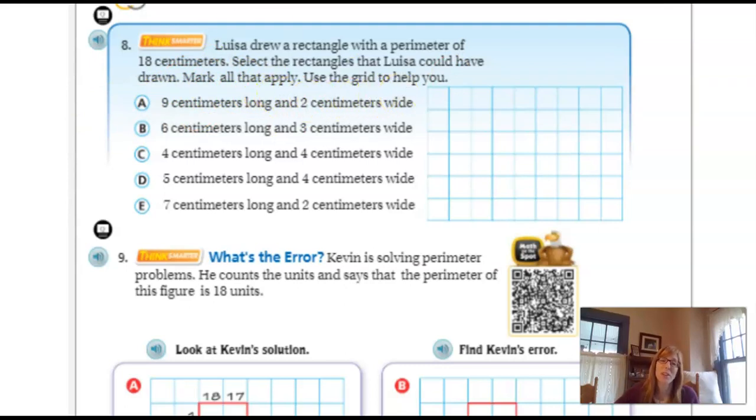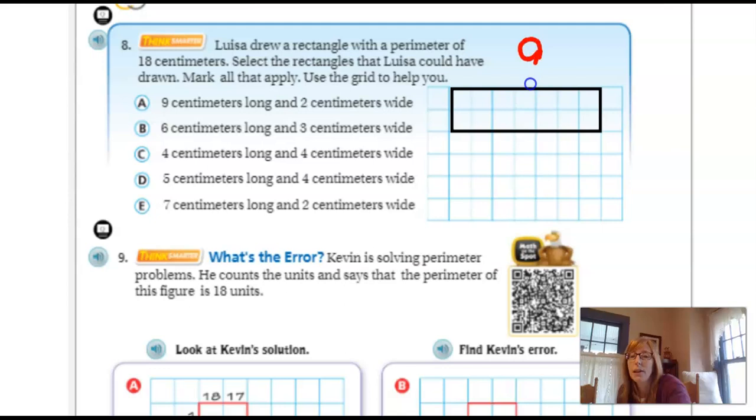Okay, well, think to yourself, if you were to draw a rectangle over here, let's just pretend, and let's say that you have 9 centimeters long and you have 2 centimeters wide, and perimeter is the distance around, and it can only be a perimeter of 18.